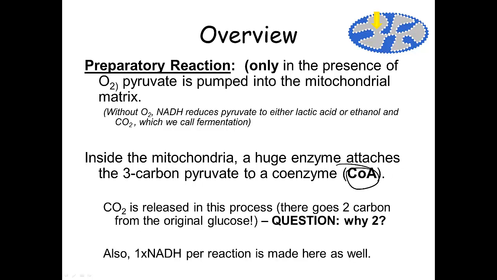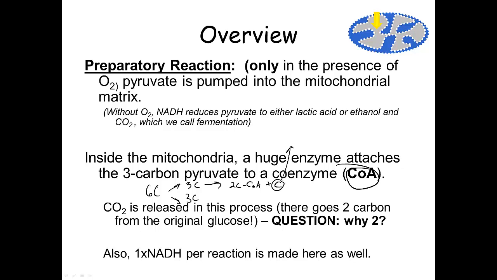In this process, carbon dioxide is released, thereby releasing the first carbon of the original 6. So we had a 6-carbon glucose molecule that got broken down into 2 3-carbon molecules. Each one of these pyruvates is then attached to CoA, which is just a 2-carbon molecule left attached to CoA, plus a carbon is given off.